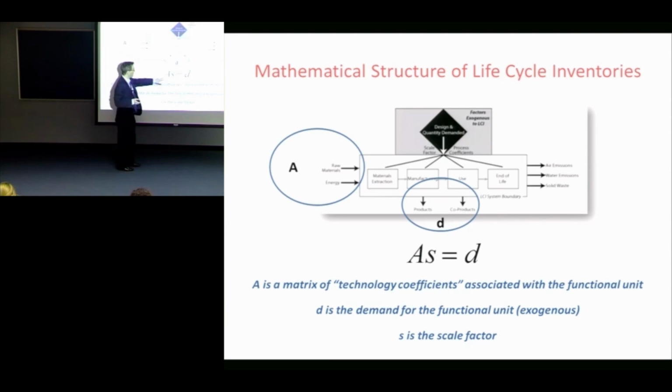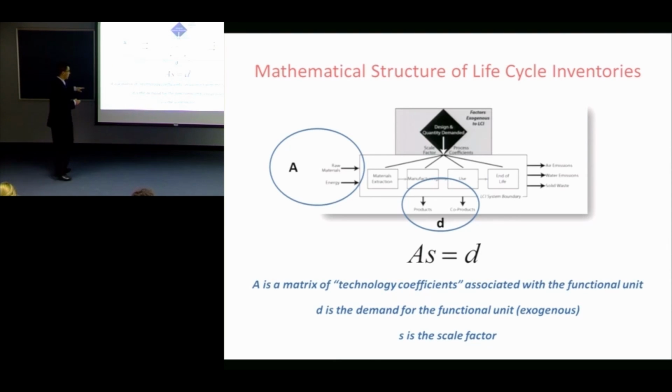So you've got some generalized unit process matrix going on here, which might describe how much steel you need per unit product. And then the scale factor just comes along for the ride. So the demand is exogenous. The technologies are fixed to achieve the demand. And then the scale just scales to the demand. So if it's 1 unit or 10 units or 1,000 units, S changes with the scale. Okay, it's a linear system.